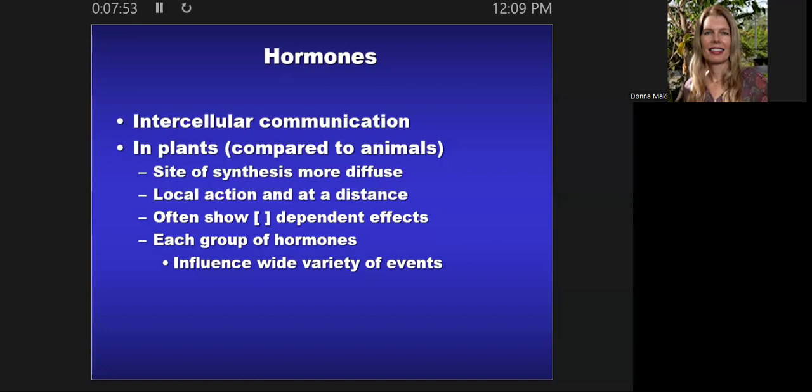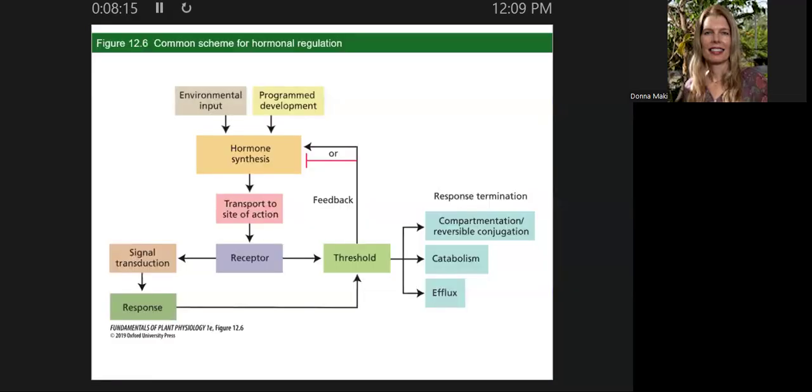And so teasing that all apart and deciphering that all, especially when hormones are made in tiny concentrations in the plant. So just having the technology to pick up on that took a while. And then it's just really complicated. And so I'm obviously not going to get into the nitty-gritty of hormone research because it gets very complicated.